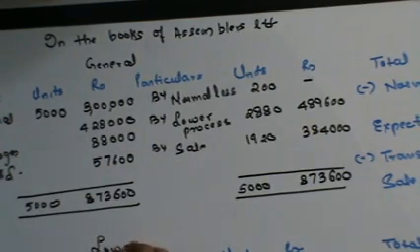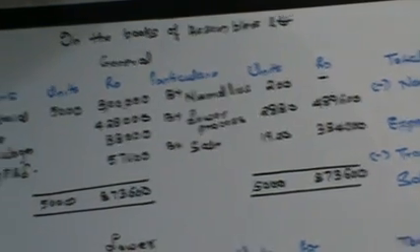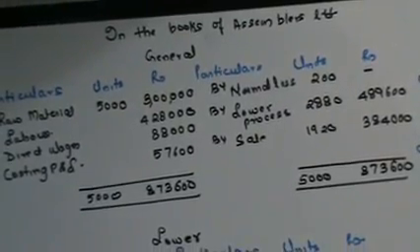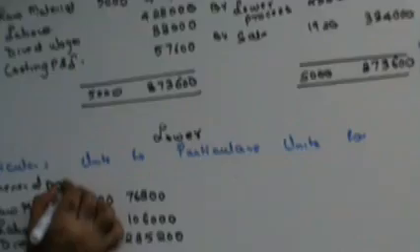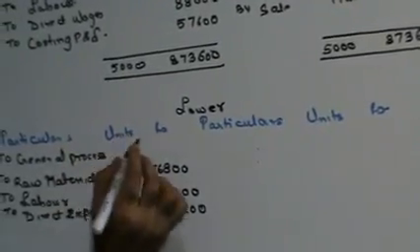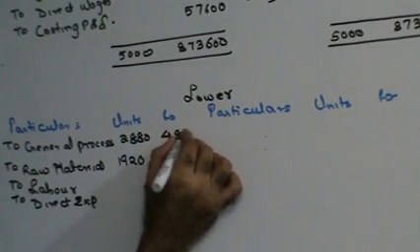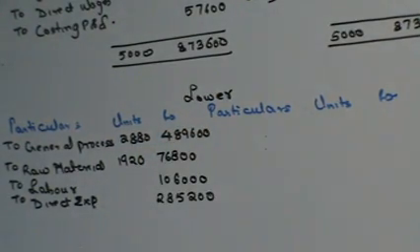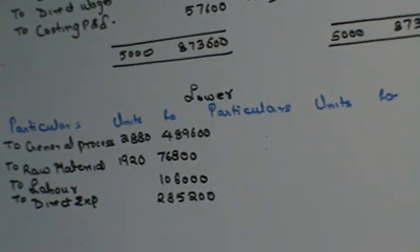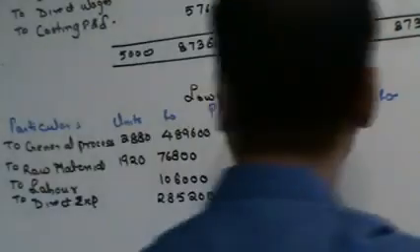Now let's see this transfer. This is to general process. You are going to be transferring 2,880 units at 4,89,600. Now let's start with the tallying of this. 2,880 plus 1,920 will give you 4,800 units.